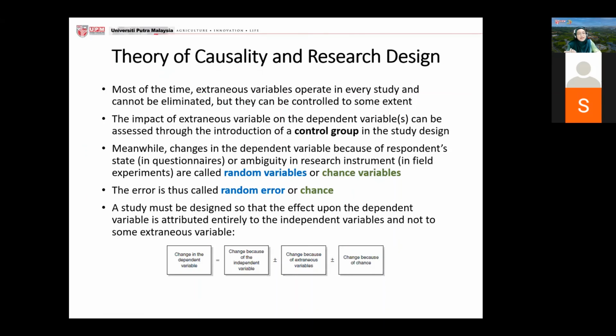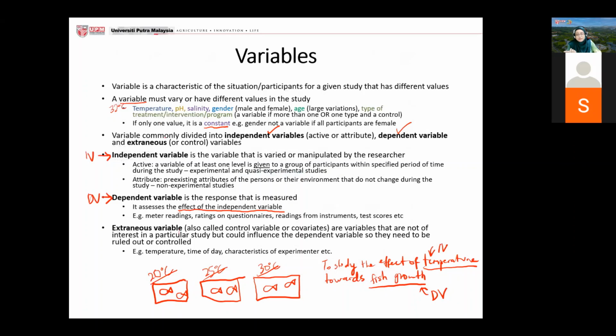Just like just now, we only said that the control is salinity. But actually, is that the only thing that will affect the growth of the fish? There are other things as well, and that is sometimes out of our control, especially in the lab where you can control things.